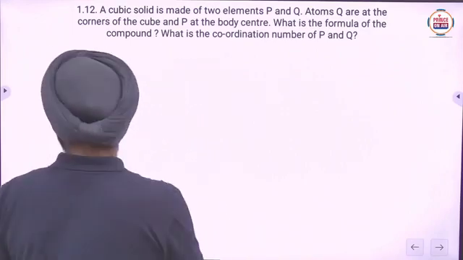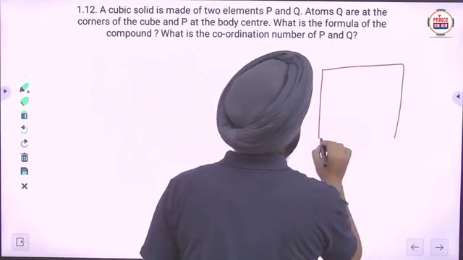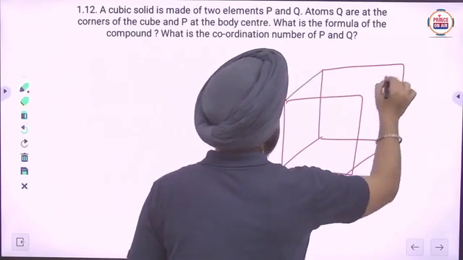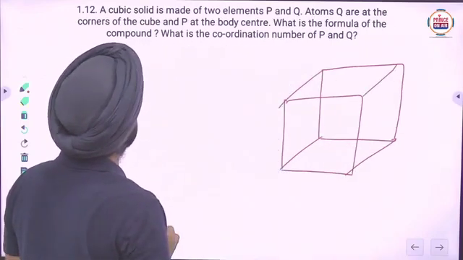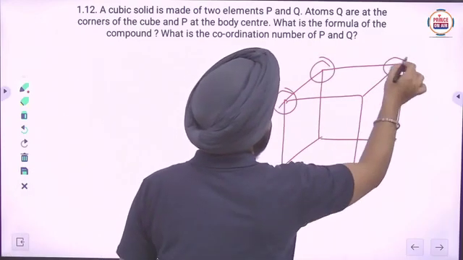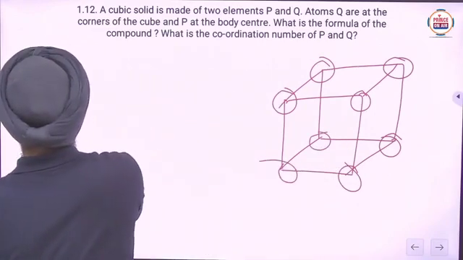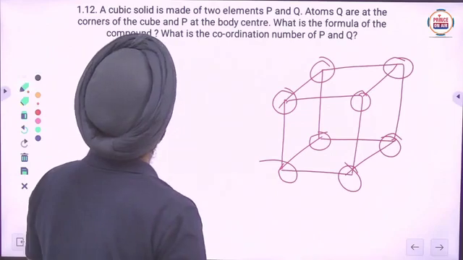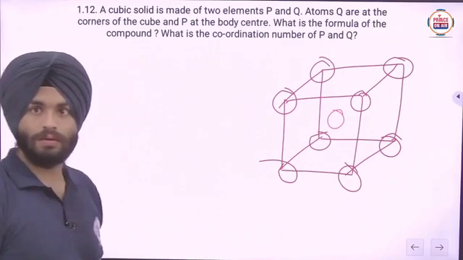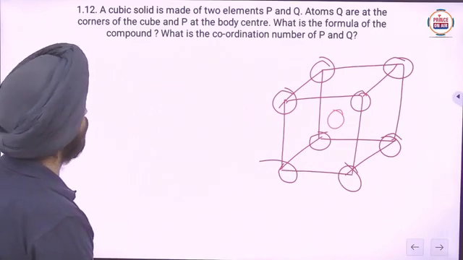If we have the cubic unit cell, Q are at the corners and P is at the body center. Now you have to find what will be the formula of the compound.